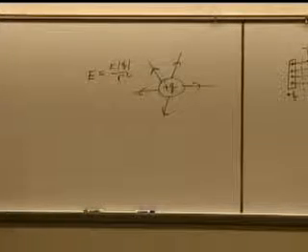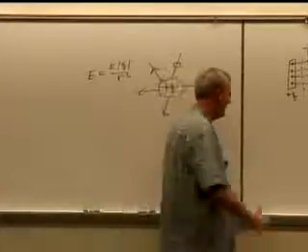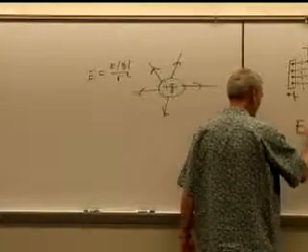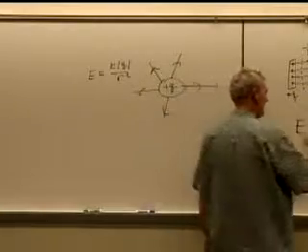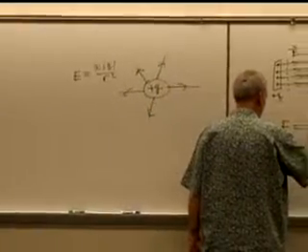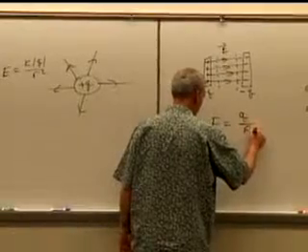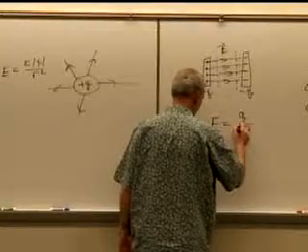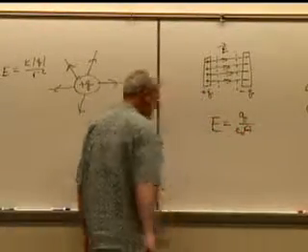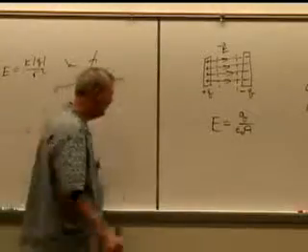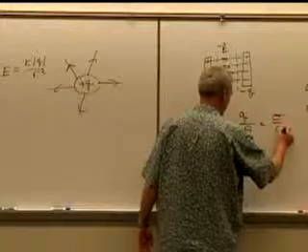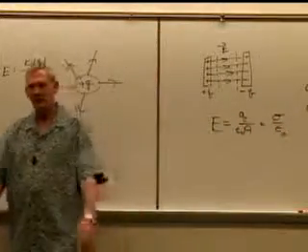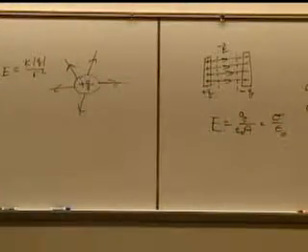All right, now. But this one, the E field stays the same, and the E field inside a parallel plate capacitor is equal to Q over A over epsilon naught, which equals sigma over epsilon naught, where epsilon naught, remember, is the permittivity of free space.